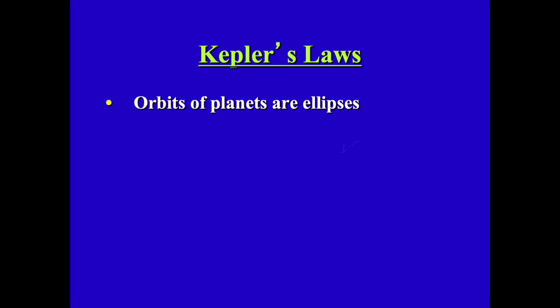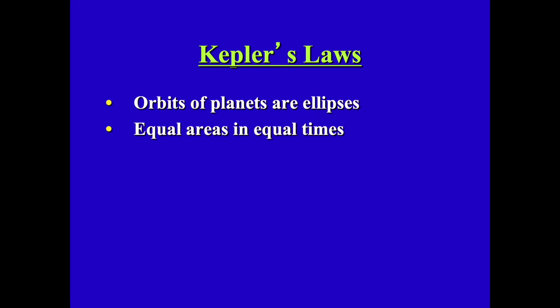One of them is that the orbits of the planets are all really ellipses, with the Sun at one of the foci of the ellipse. When a planet orbits the Sun, it will sweep out equal area in equal time.